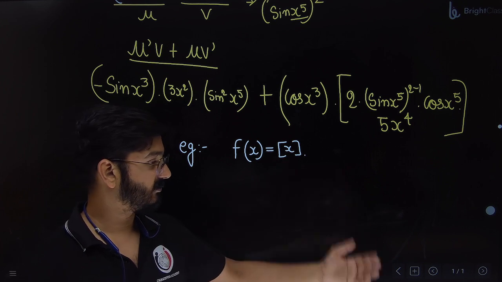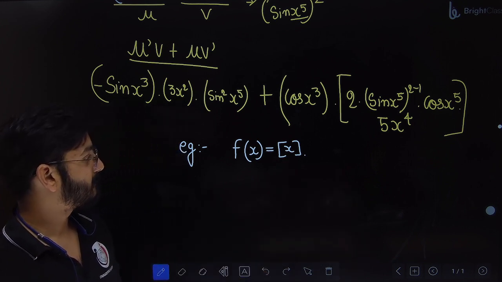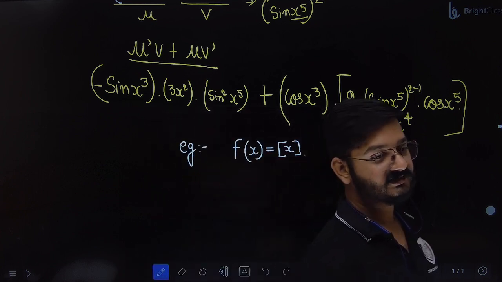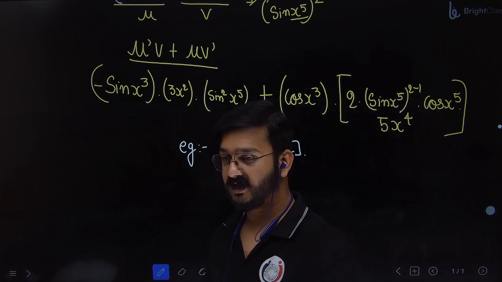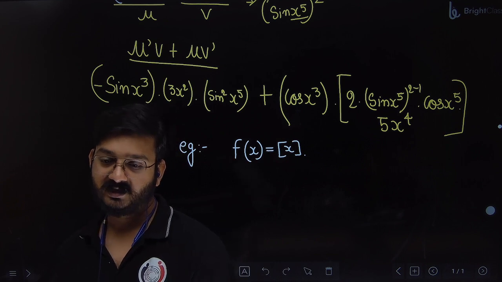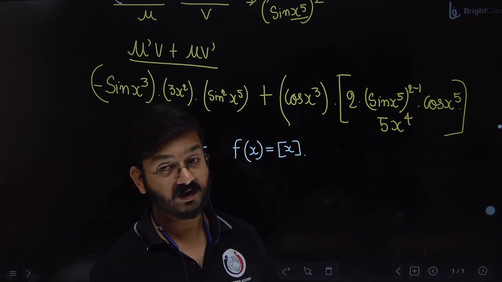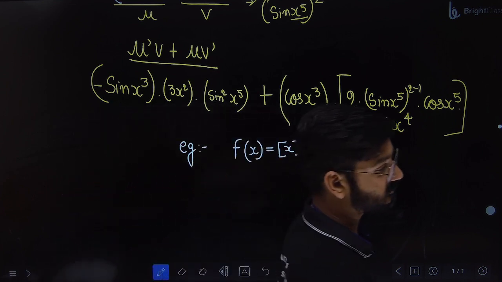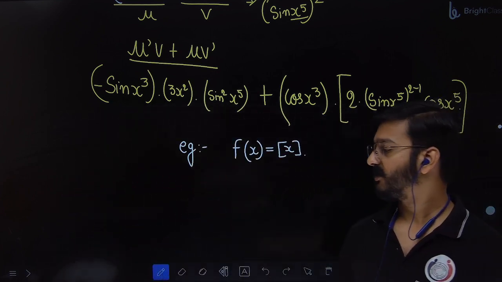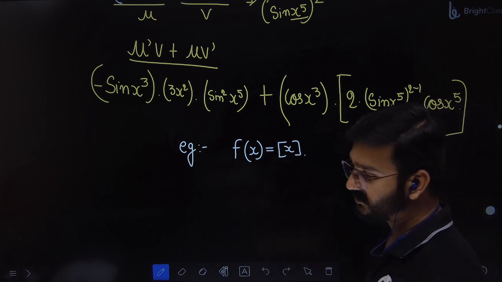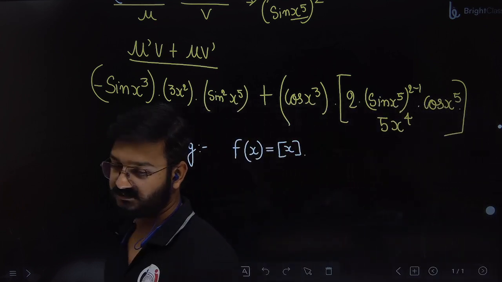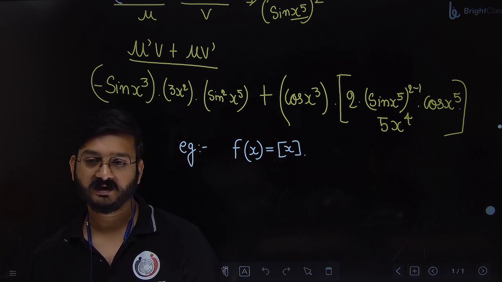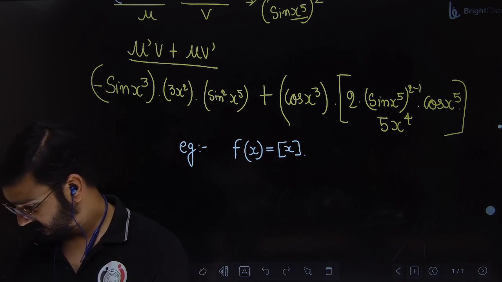You can write down the example. f of x equal to greatest integer of x is discontinuous at all integral points. Hence, it will be non-differentiable at all integral points.